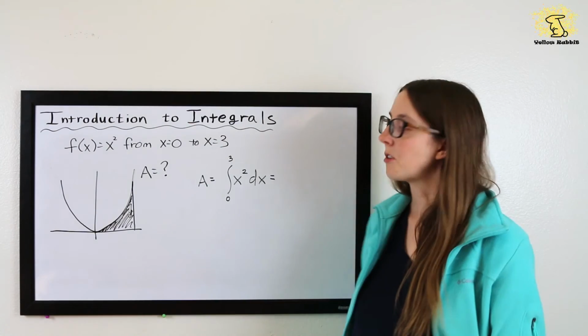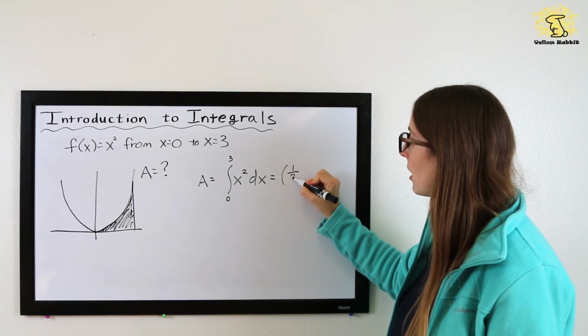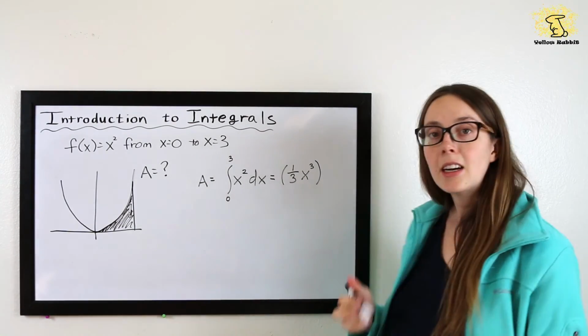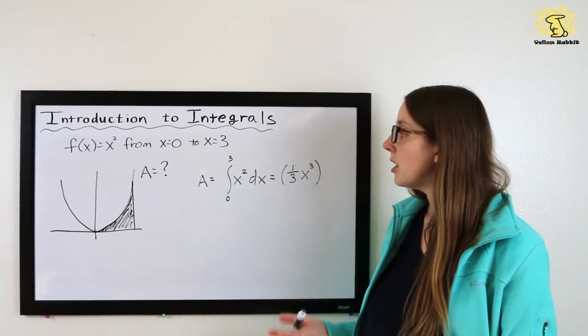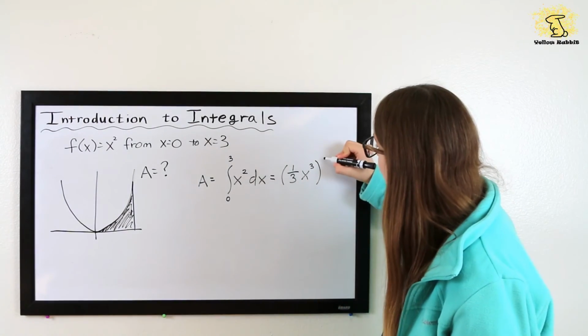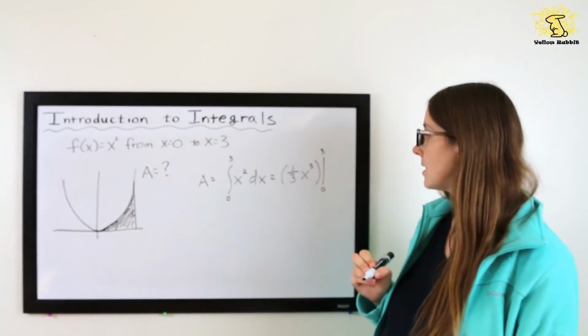Let's solve this integral. Of course, again, the antiderivative, we solved it before, 1/3 x cubed. Here I'm going to leave off the c because I know we're working with a definite integral. The c will cancel in the end because I'm evaluating this at my endpoints.